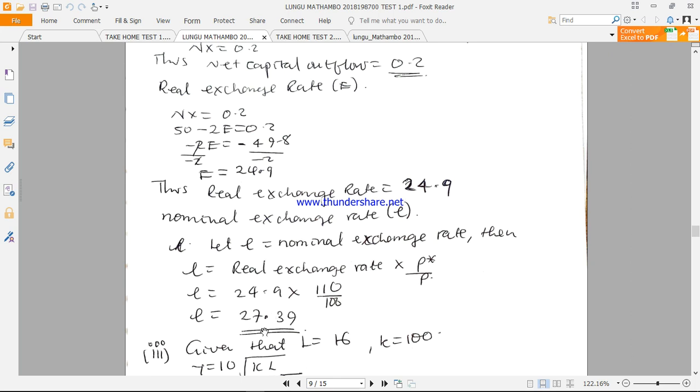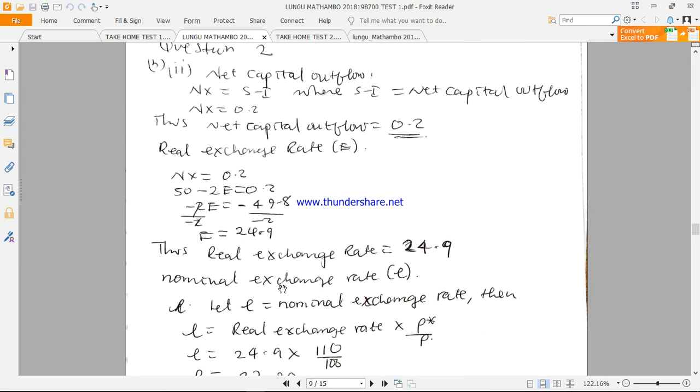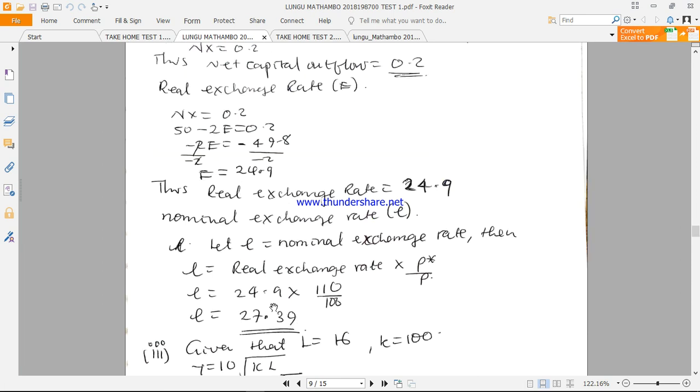Okay, you're getting 27.39. Then what can we conclude from here? First of all, our net capital outflow is 0.2. That is the level of trade. And then the exchange of kwacha against dollar is 24.9. And then the relative value of a Zambian good to, let's say, an American good is 27.39.